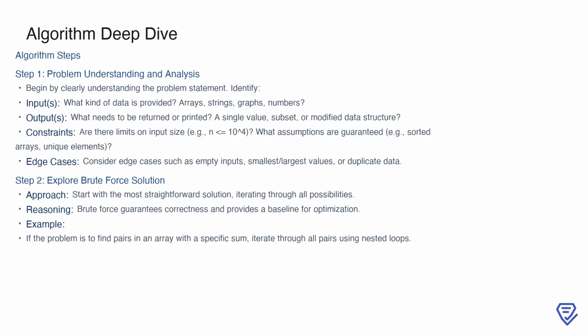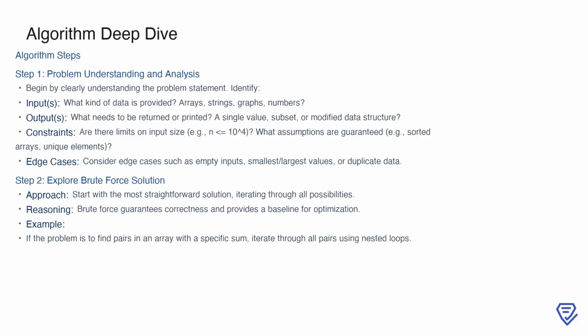For example, there might be limits on the size of the input, like n being less than 10,000, or guarantees about the data, such as arrays being sorted or having unique elements. Finally, think about edge cases. These could include scenarios like empty inputs, the smallest or largest possible values, or duplicate data. Understanding these aspects ensures you have a solid foundation before diving into the solution.